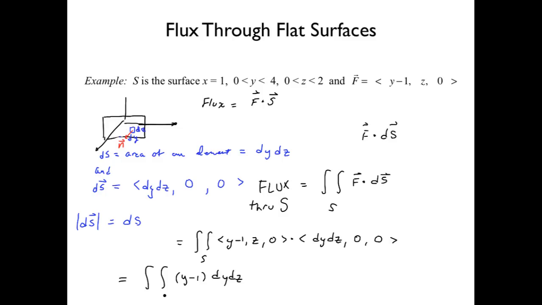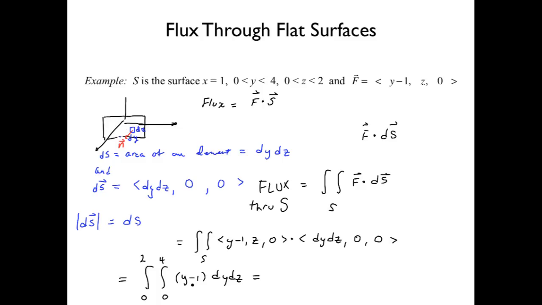Y goes from 0 to 4, z from 0 to 2, and we expect this value of this integral to be positive. Remember we said the net flow, most of the flow is coming in the positive x direction. So can we do it fast?